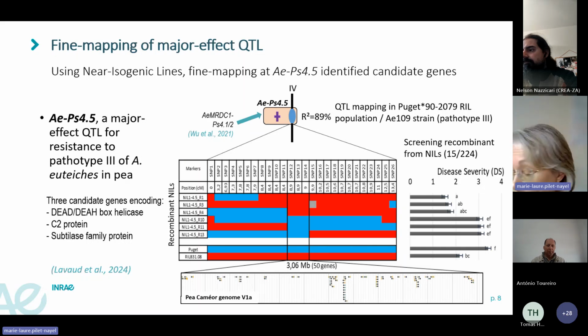And this interval contained 50 annotated genes, among which 3 putative candidate genes encoding dead box helicase, C2 protein, and a subtilase family protein also. And especially the second gene was one of the genes identified by bulk segment RNA-seq in a previous Canadian study in the QTL interval.